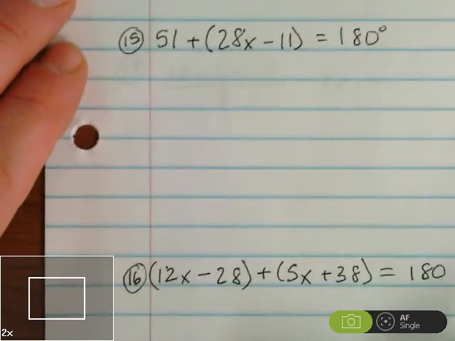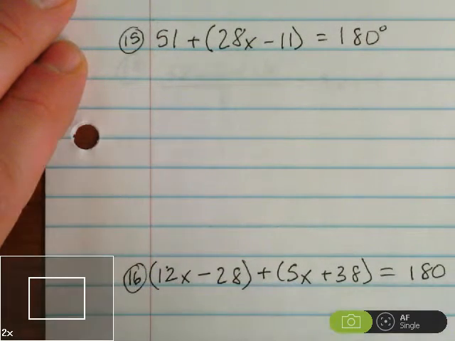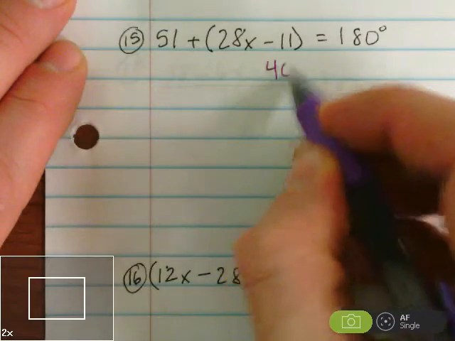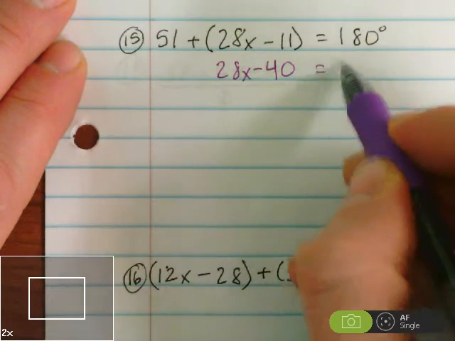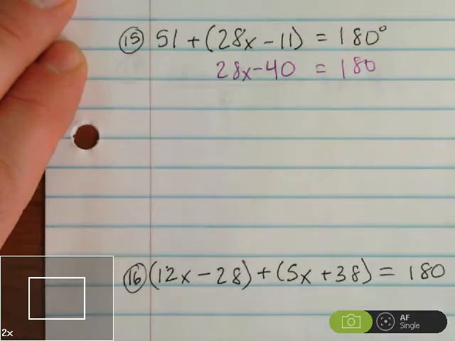Alright, moving on up, we've got number 15. First thing again, we're going to do some combining like terms. 51 minus 11 is 40. And our 28x, nothing to combine there, equals 180.